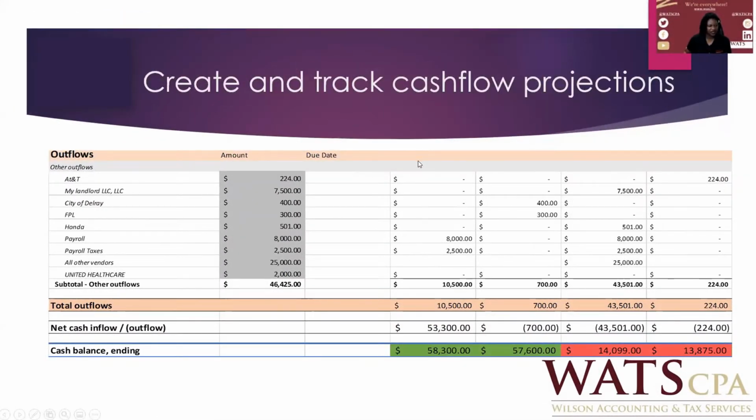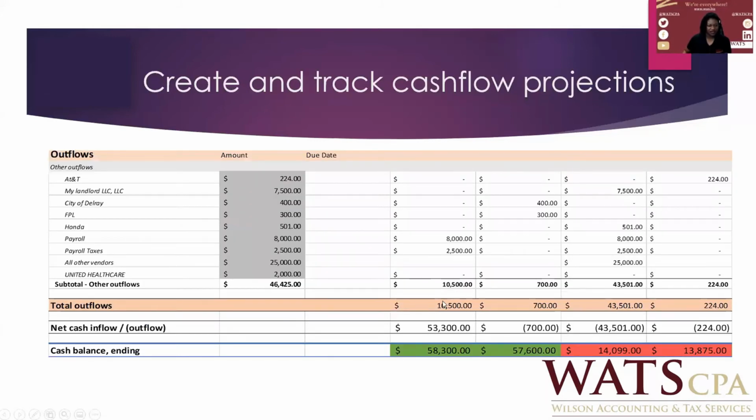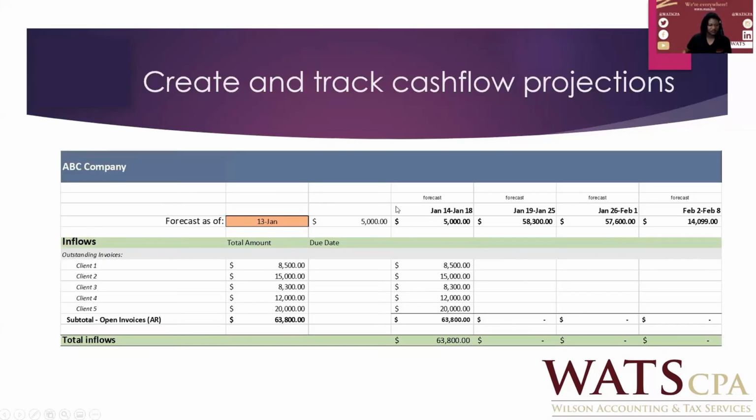Week to week, when we're looking at week 1, the cash inflows were $63,800, and the outflows were only $10,500. So you have a net cash inflow of $53,300 plus the $5,000 beginning balance where we started.